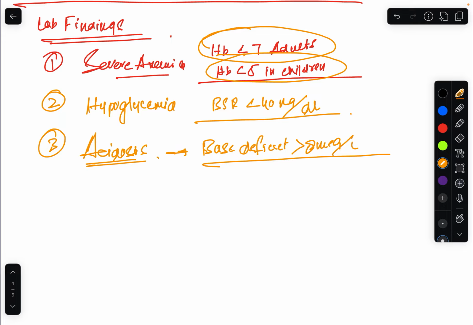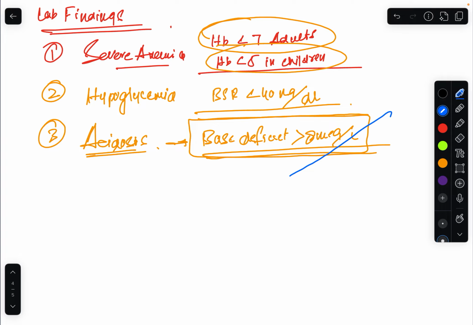So how much base is required to bring back the pH from the low acidotic range to the normal pH of the blood? If that base deficit is greater than 8 milliequivalent per liter, it means we need 8 milliequivalent per liter of base to bring the pH of the patient back towards normal, then this is a marker of severe malaria.